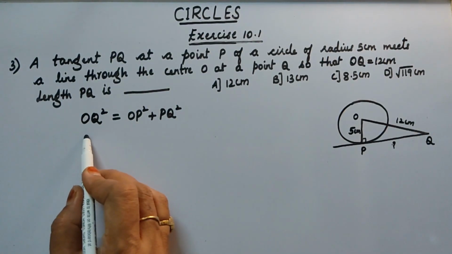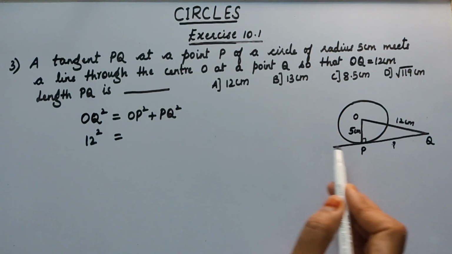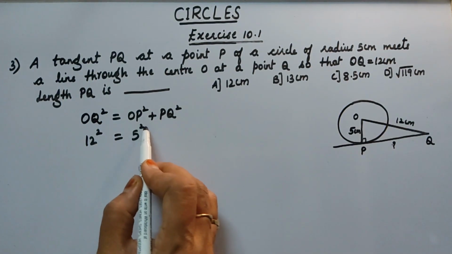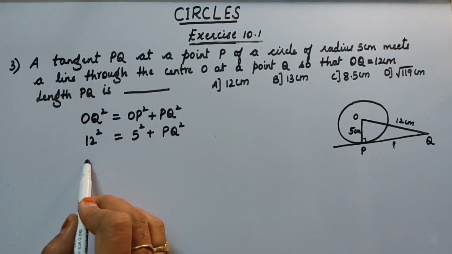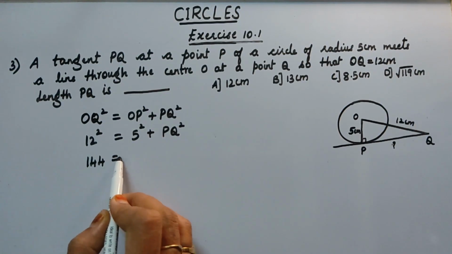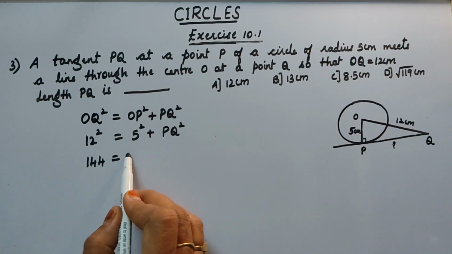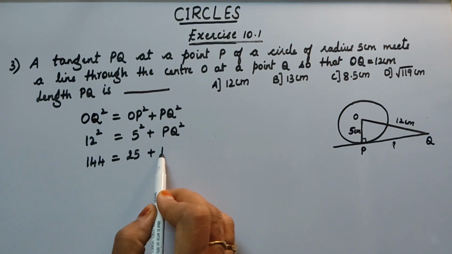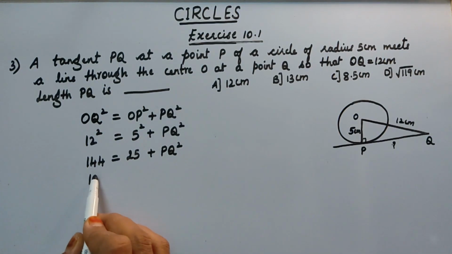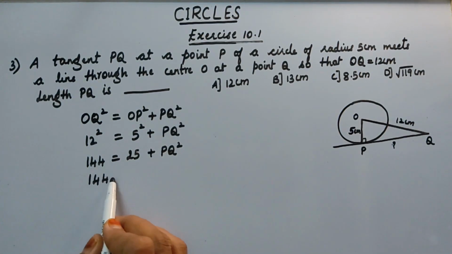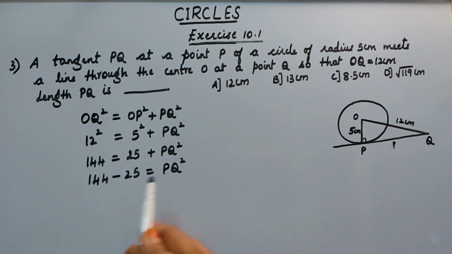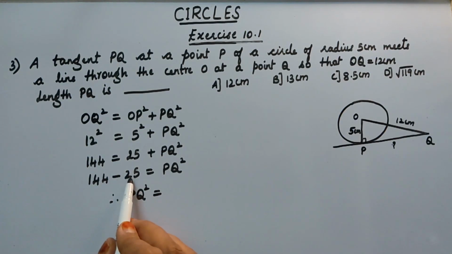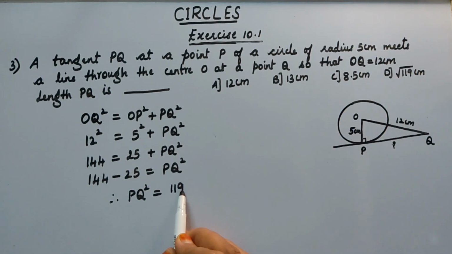What is OQ? 12 centimeter. 12 square is equal to OP, which is 5 square, plus PQ square. Now 12 into 12 is 144 is equal to 5 square, 25, plus PQ square. Now bring 25 to this side, 144 minus 25 is equal to PQ square. Therefore PQ square is equal to 119, if you subtract these two.